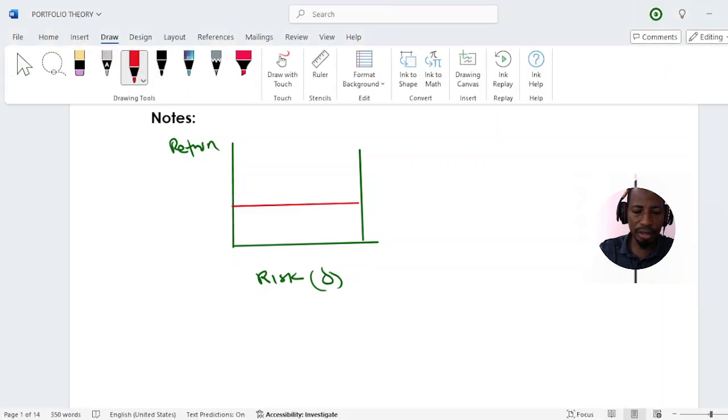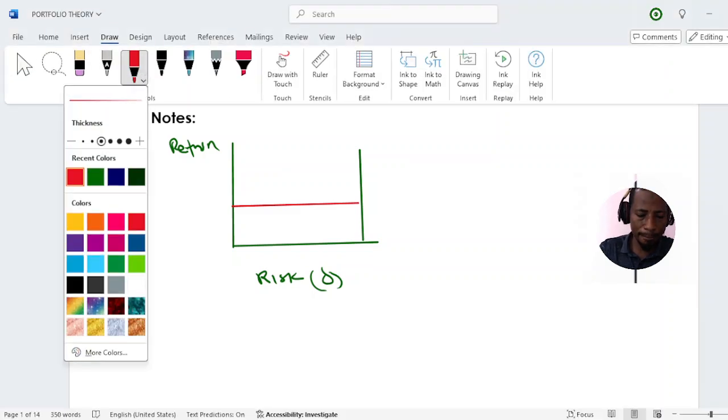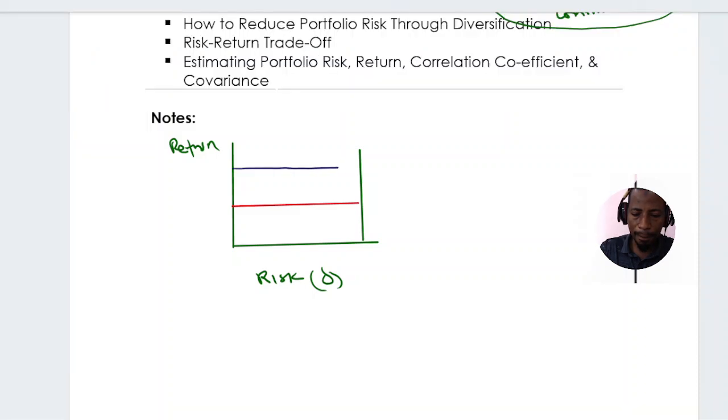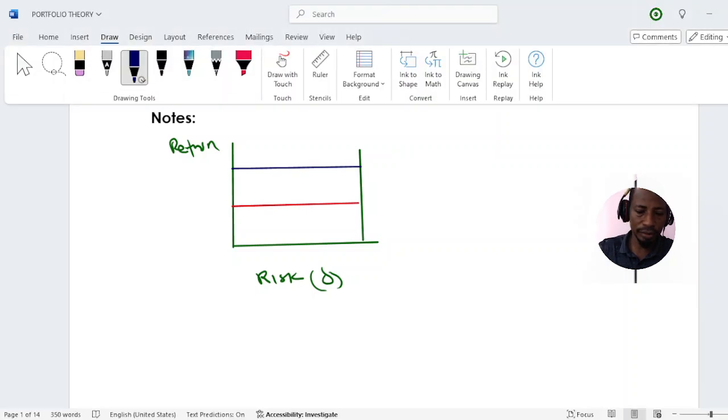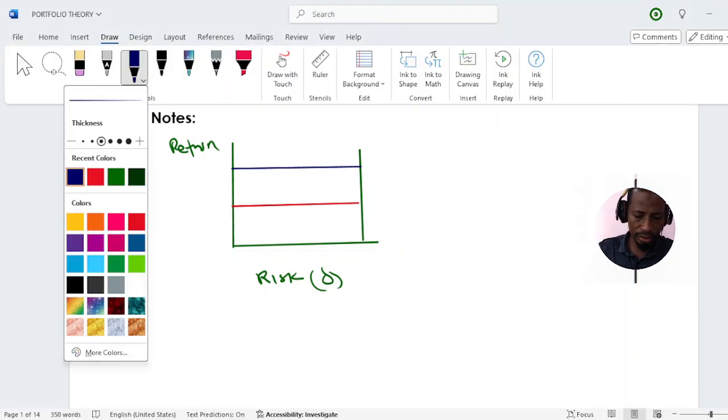Let me change the color again. Let's use blue. Return level 2. Then, of course, let's change the color. Let me use this light green.